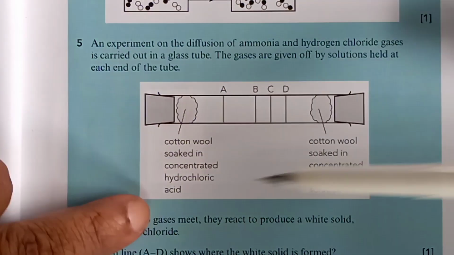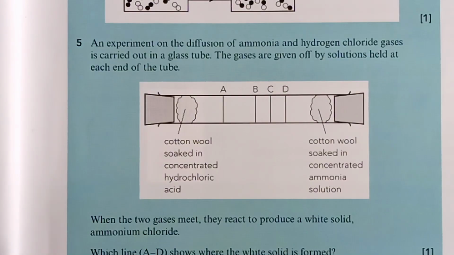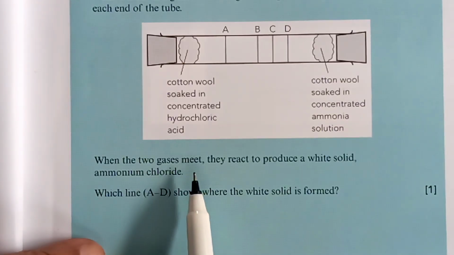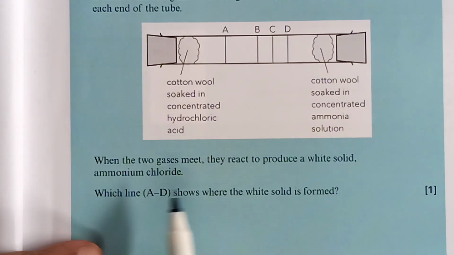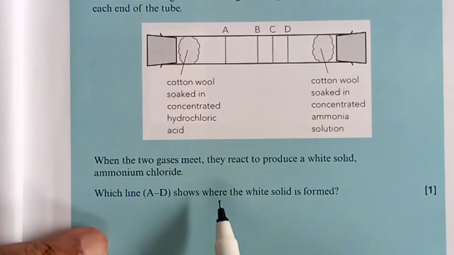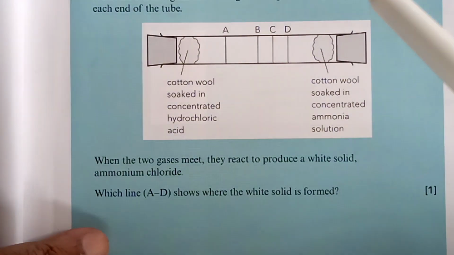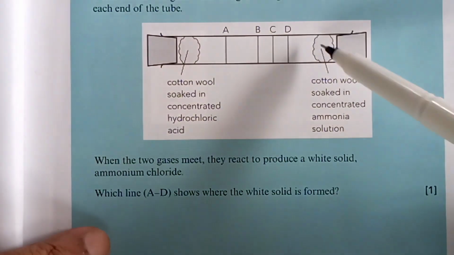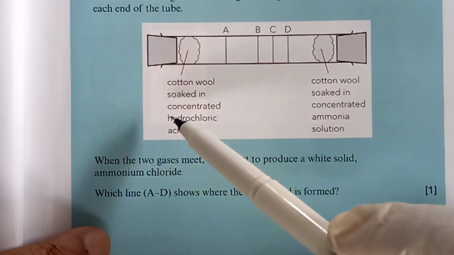This is concentrated hydrochloric acid and this is ammonia. Now, when these two gases meet, they react to produce a white solid, ammonium chloride. Which line shows where the white solid is formed? Now, as I told you, ammonia is twice smaller than hydrochloric acid.